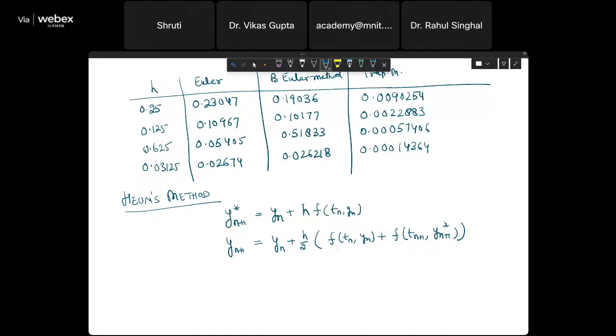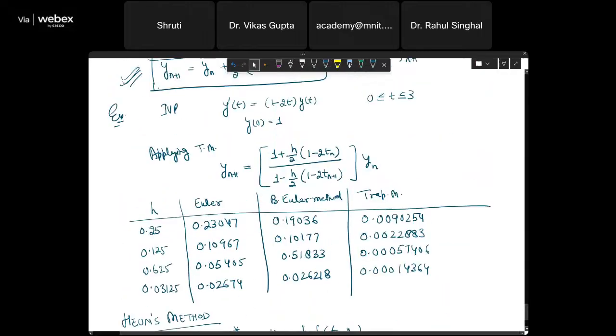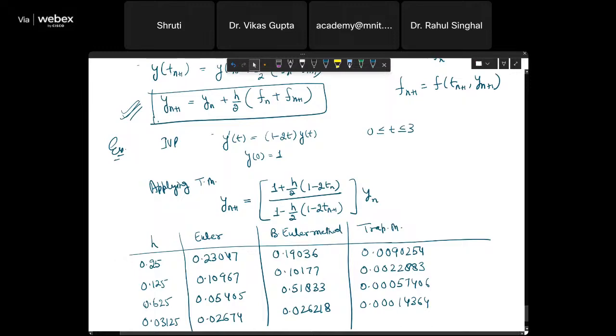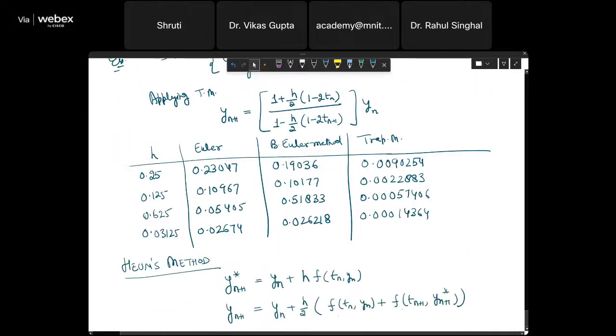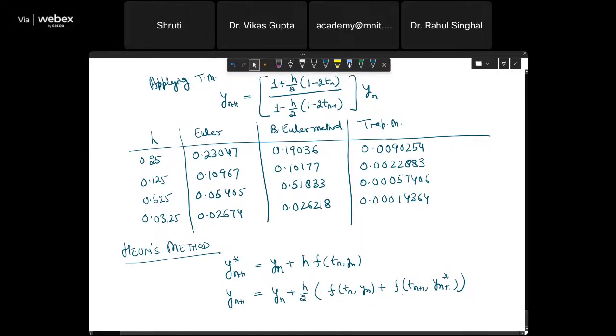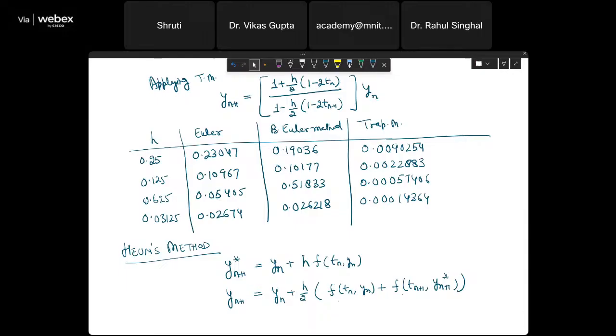Okay, so now if you apply this method for calculating the solution of this initial value problem, we can list out the error involved for the different step sizes like 0.25, 0.125, etc. And we observe that the Heun's method provides this error.